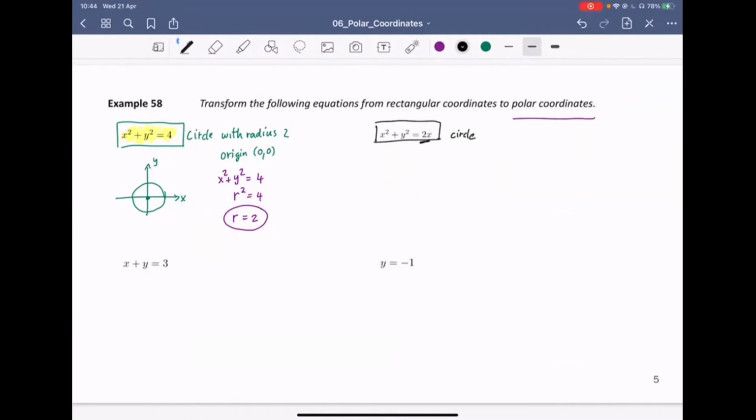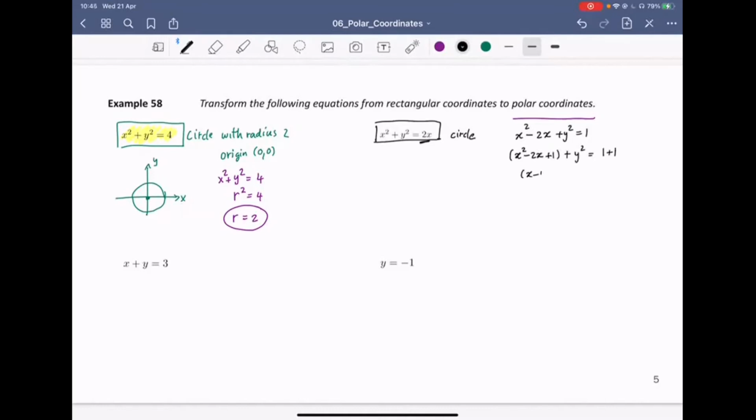In rectangular coordinates, the equation looks a little bit messy because, if you try, you're going to get x squared minus 2x plus y squared equal to 1. Then you complete the square: x squared minus 2x plus 1, plus y squared, equal to 1 plus 1, so I add 1 on both sides.